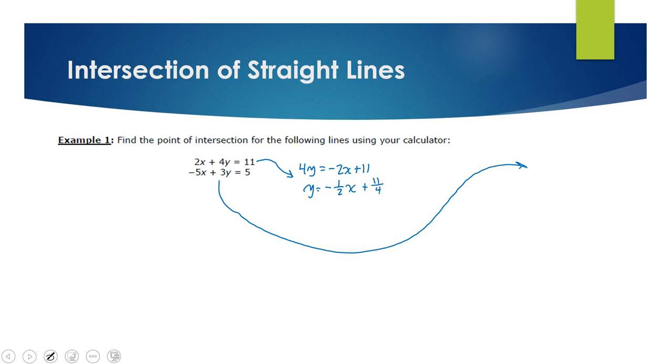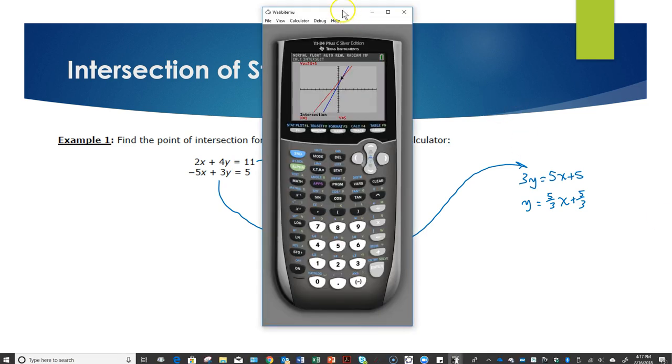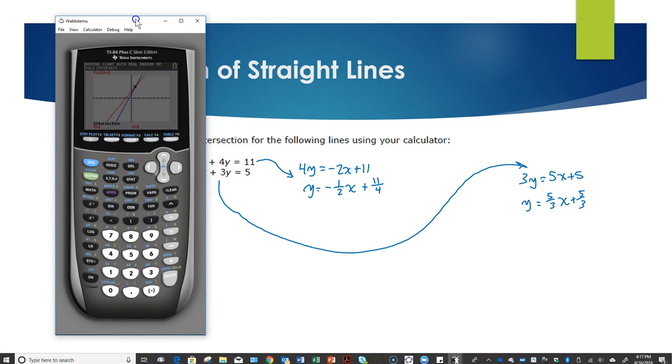For the second equation, I'm going to add 5x to both sides. So I have 5x plus 5. And if I divide by 3, I'm going to have y equals 5/3 x plus 5/3. So now when I go back to my calculator, move that aside a little bit. I'm now going to put these in, clear these.